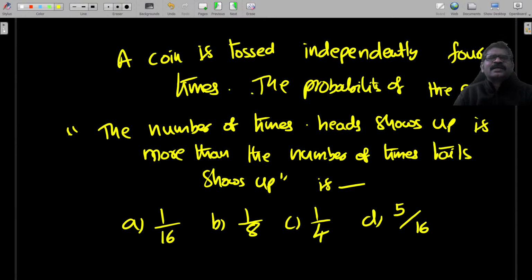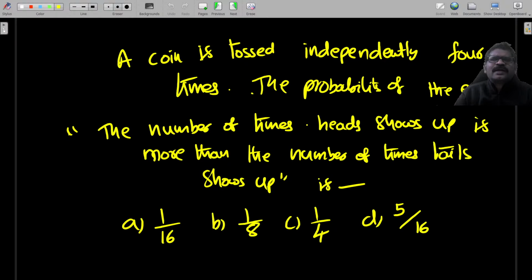Now here a coin is tossed independently 4 times. So n represents number of trials, so here n is equal to 4.